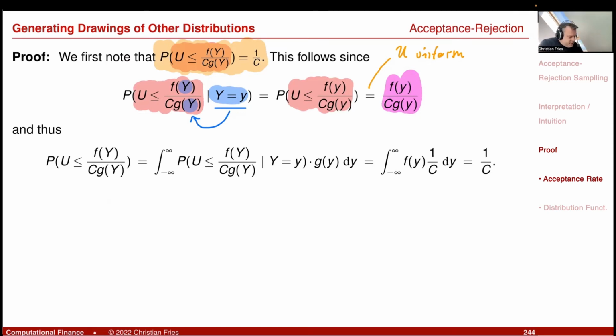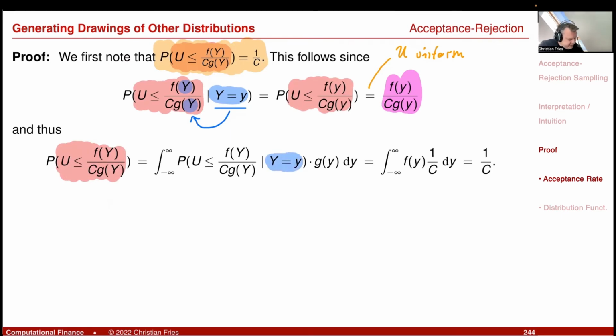Now I would like to calculate the probability of accepting the point. The trick is that you do a conditioning. So you condition on Y equals little y.